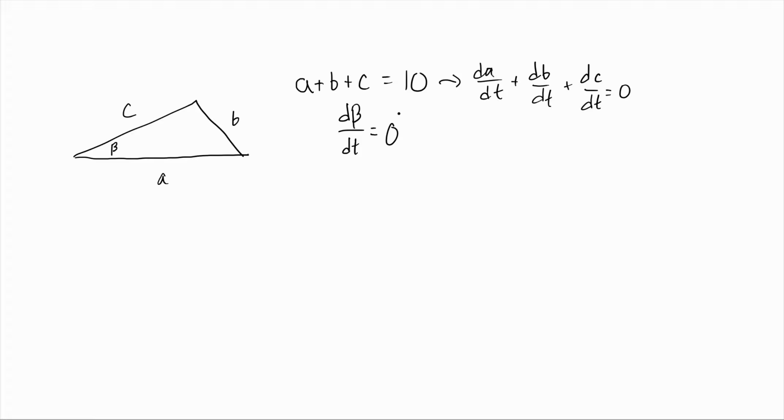Now let's think, if we knew some information about this triangle, if we knew what dB dt was and dC dt was, then we could figure out what dA dt was from this equation. That's kind of nice.